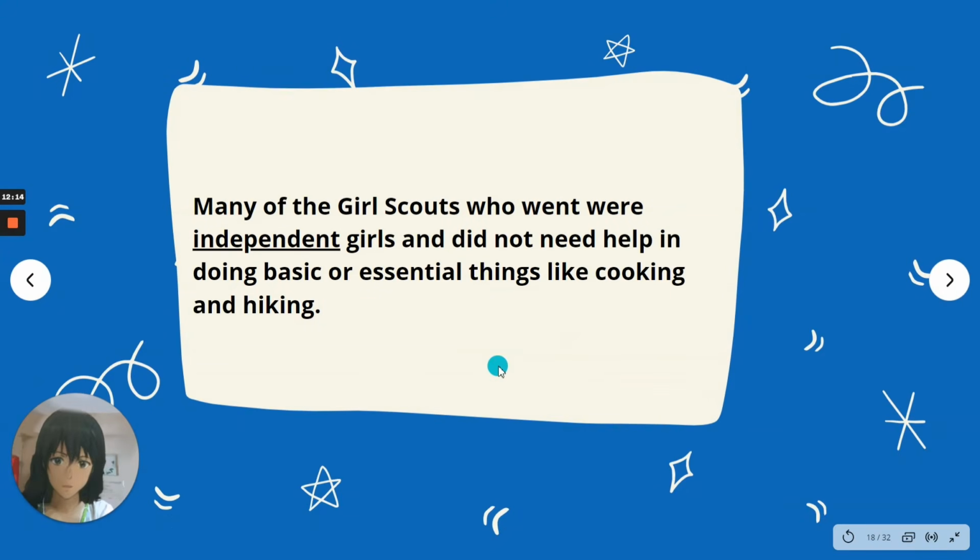And what about this sentence? How do we know the meaning of the word independent? Many of the Girl Scouts who went were independent girls and did not need help in doing basic or essential things like cooking and hiking. What do you think independent means?